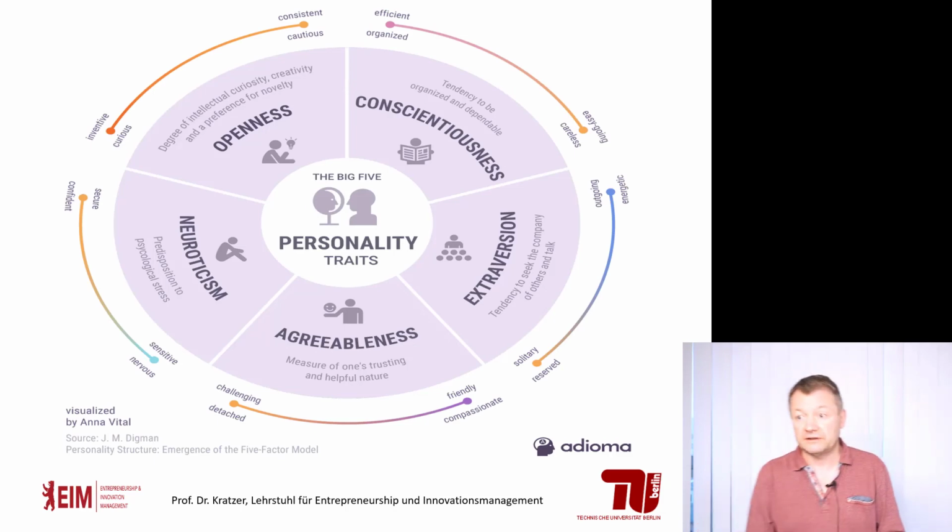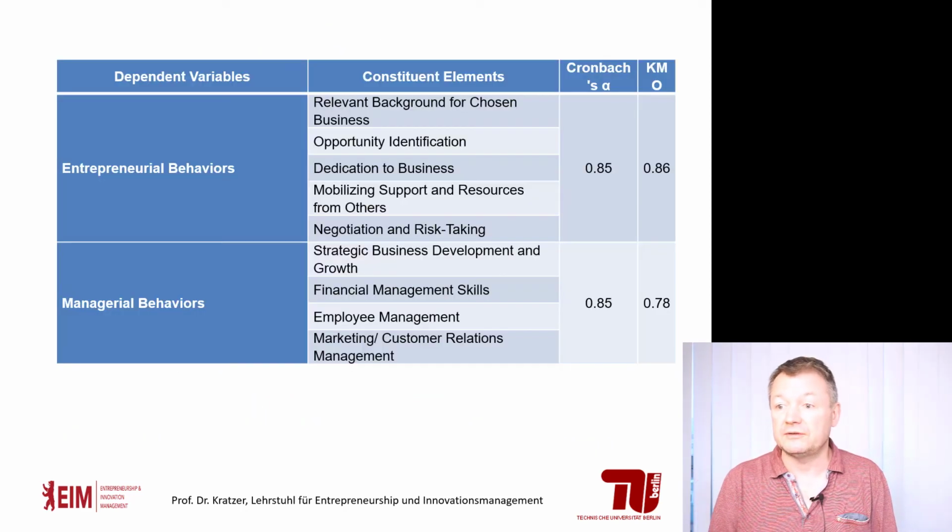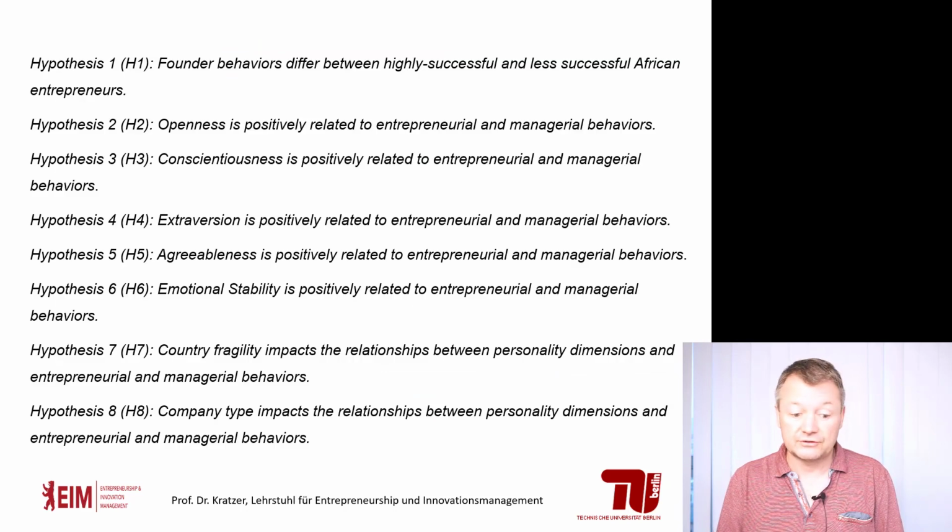We have gone into the characteristic personality of entrepreneurs. We have gone into entrepreneurial behavior, managerial behavior. We have set up a row of hypotheses, as we have always done.